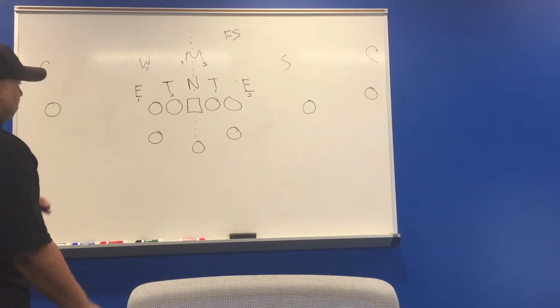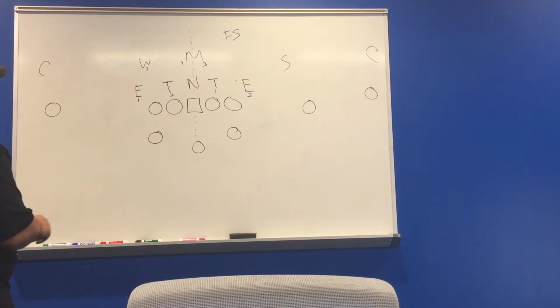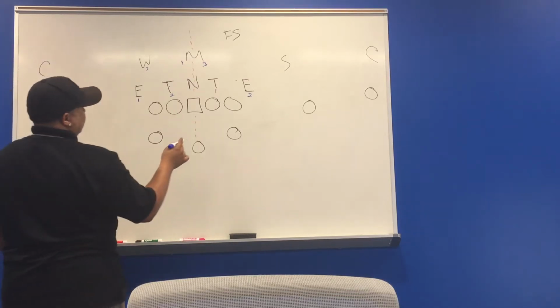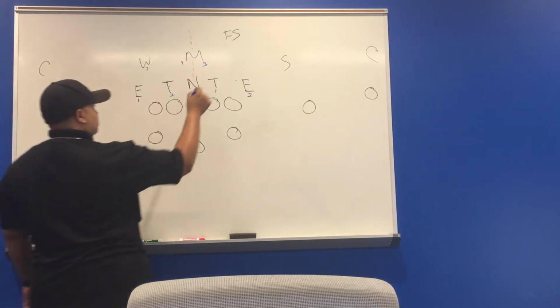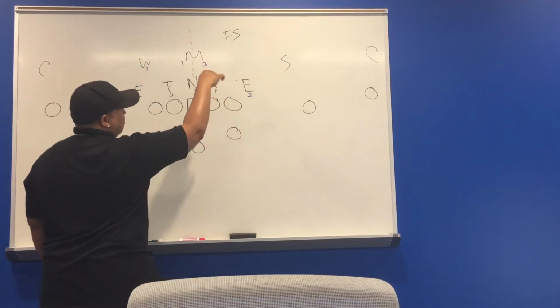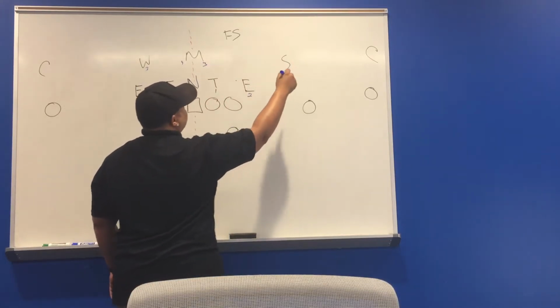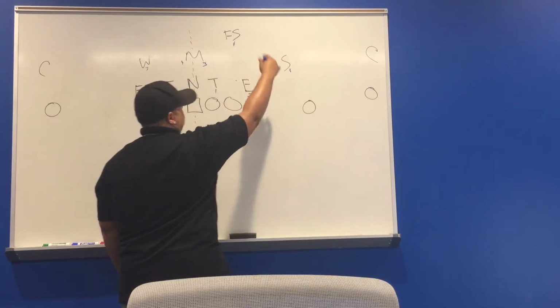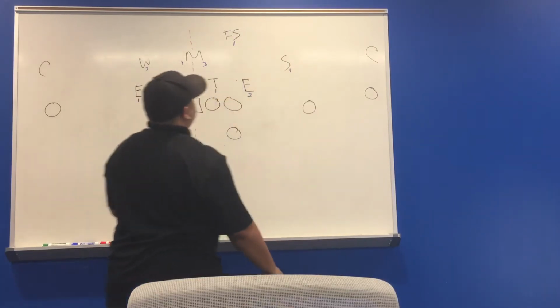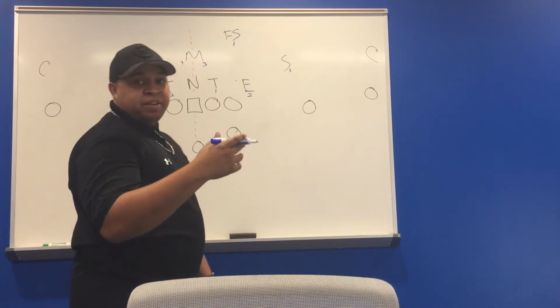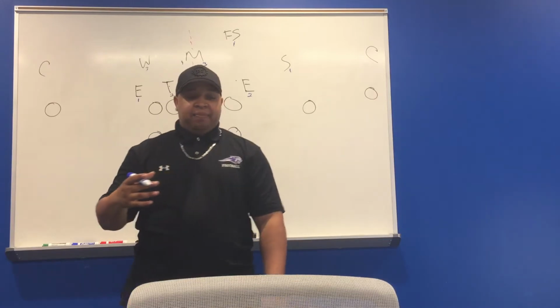So, normally speaking, what we want to do against this is, even though we have numbers on this side, okay, they still have 2 guys over here, this guy here and this guy here, that can come rally and make the play. Okay? So we want to try to stay away from the shaded receiver side. We want to try to stay away from that. Okay?